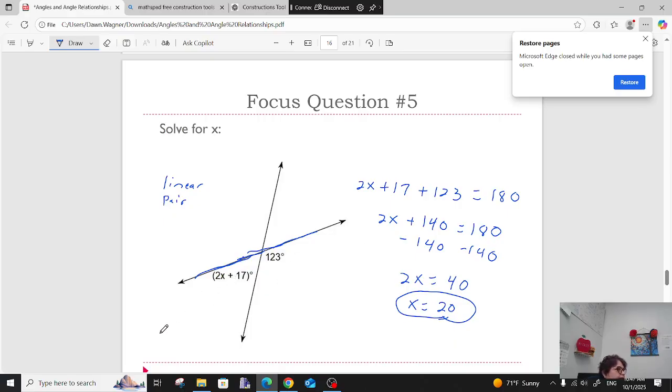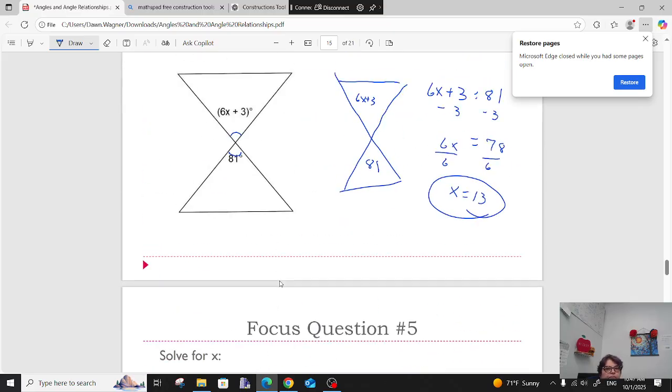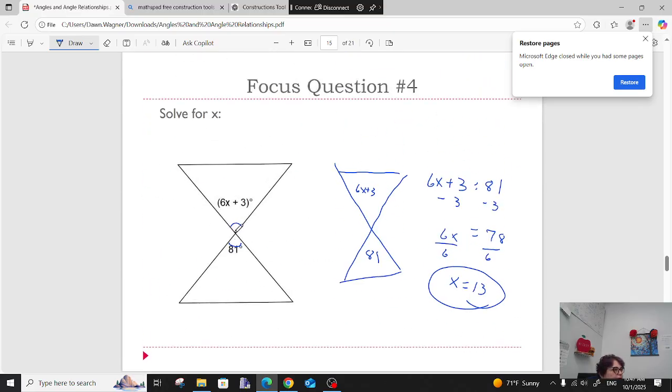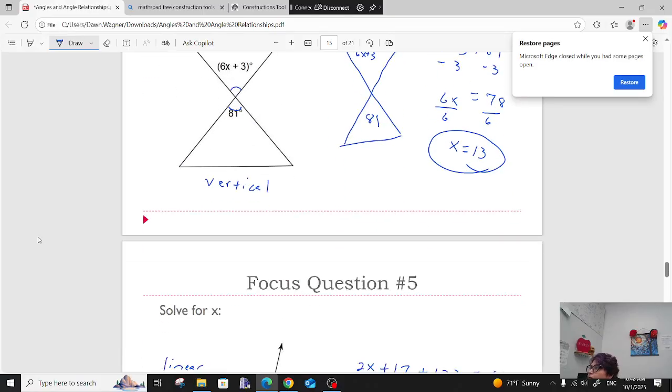up to 180. Anybody confused on why this one I set up to 180, but this one I set equal to each other? Do we understand what the difference is? These are vertical angles. They're across from each other, right? So we couldn't just do 180 take away 123 for the other one.